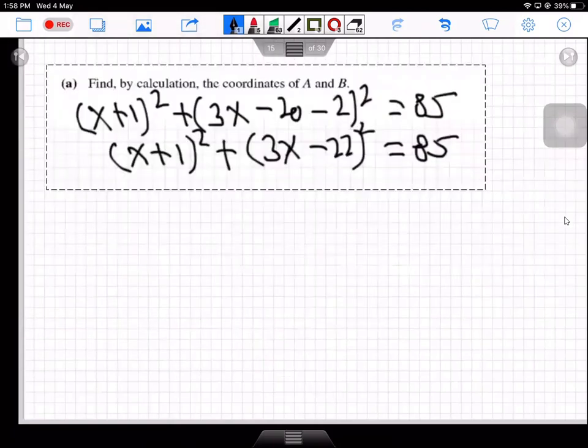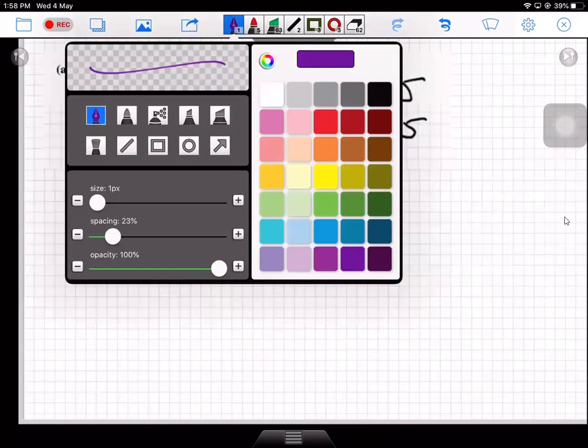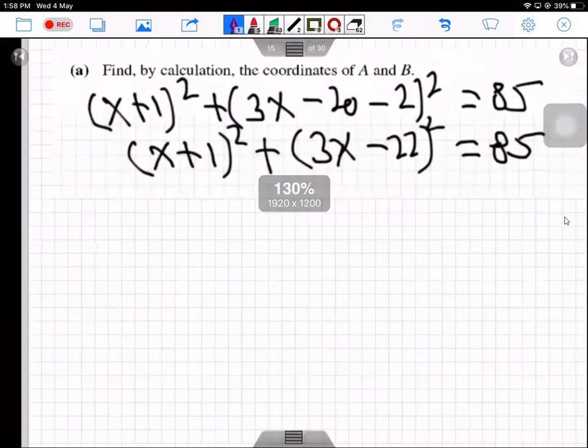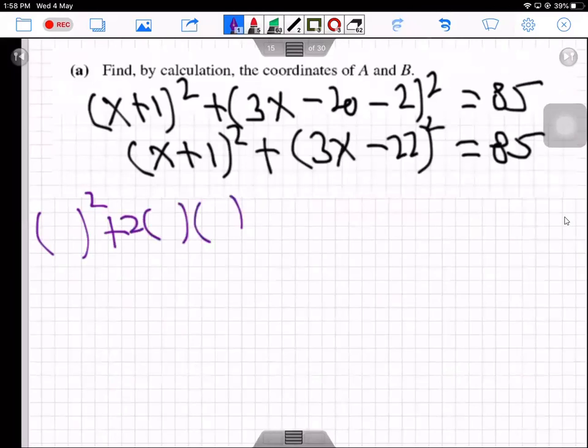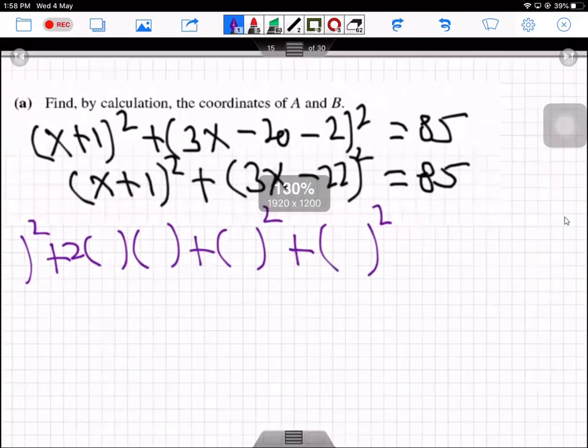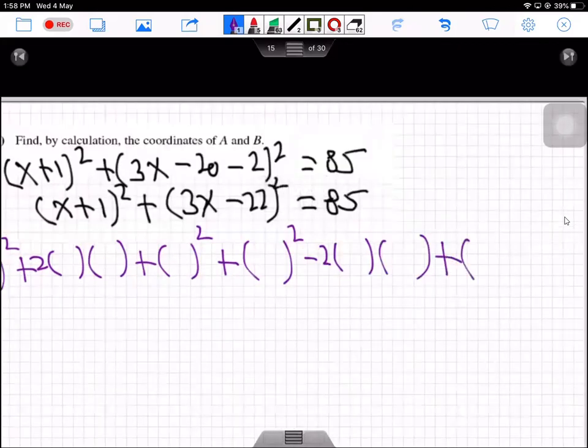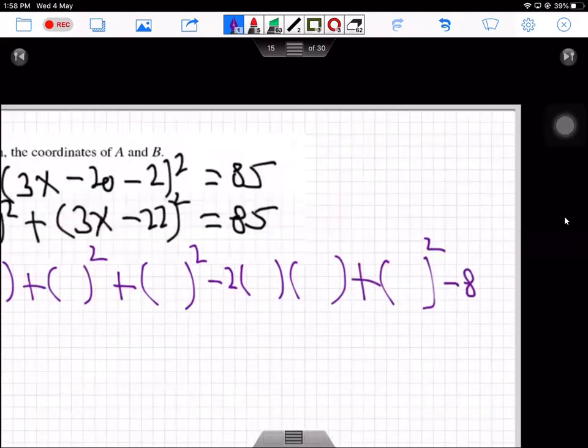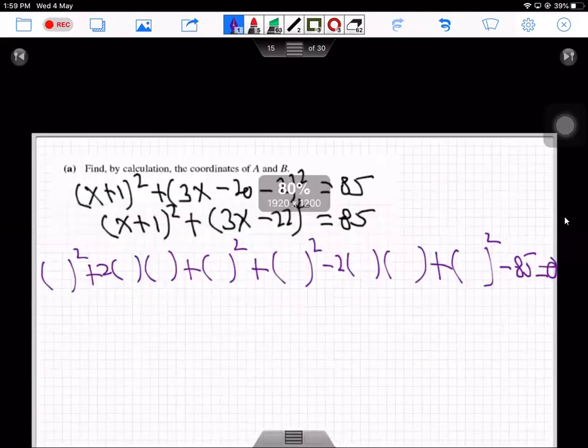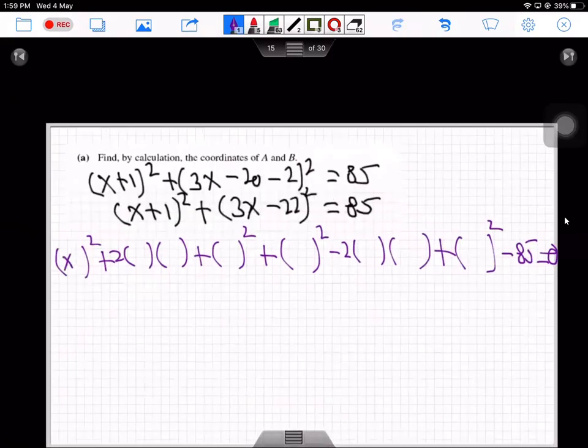All right, so if you expand it, (x + 1)² is a² + 2ab + b², and then again (3x − 22)² is a² − 2ab + b², and then minus 85, and this whole thing is equal to 0. Okay, so x, 1, 1, 3x, 22, 22.